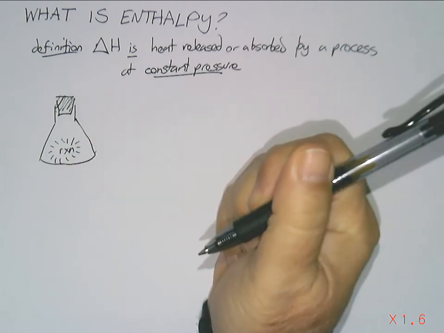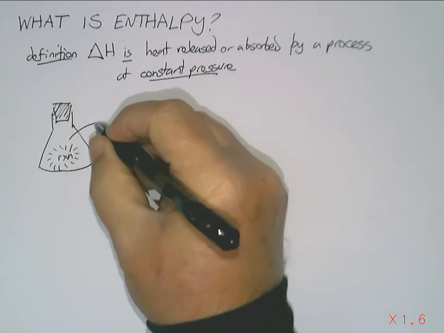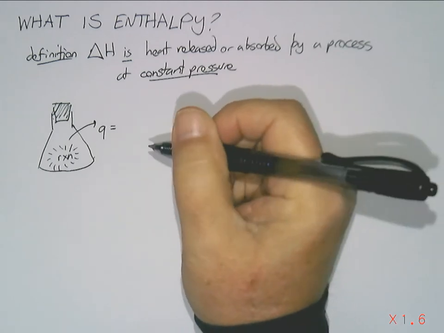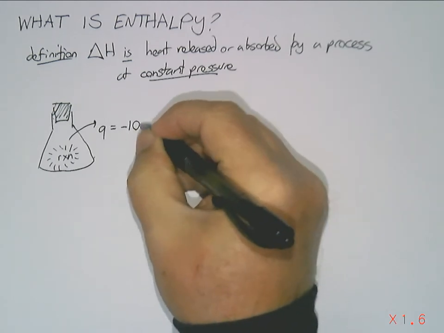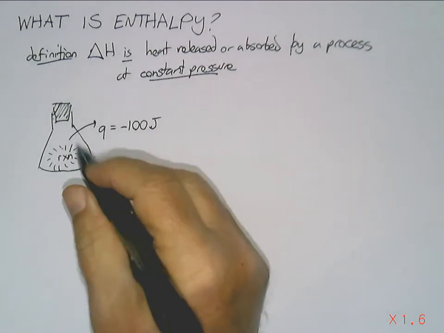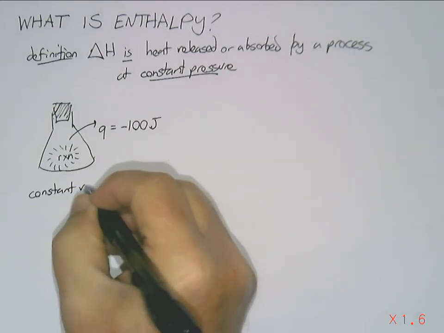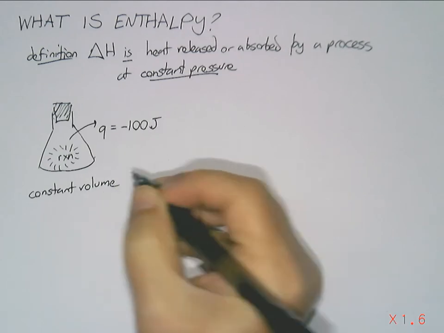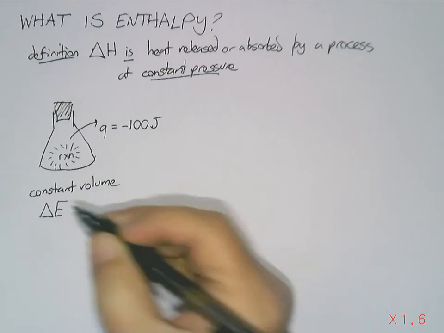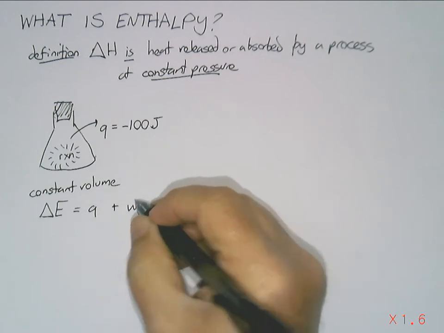So the reaction is producing some heat. If I calculate Q for this reaction with some kind of a calorimetry experiment, maybe I find it's minus 100 joules. Now I've run the reaction in a constant volume situation. And the first law of thermodynamics that we talked about earlier in the last worksheet is heat plus work.